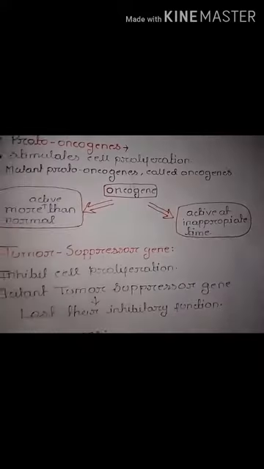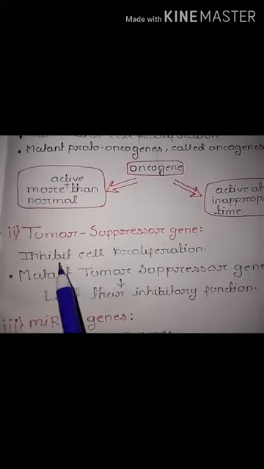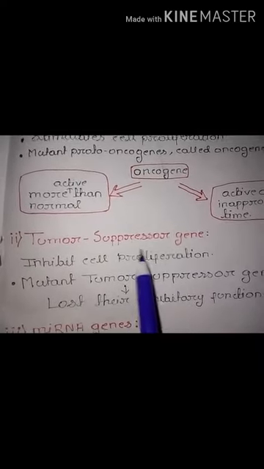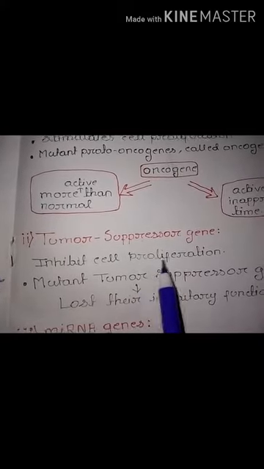Now the next, the tumor suppressor gene. Normally the function of the tumor suppressor gene is to inhibit cell proliferation. So if we have to inhibit cell proliferation, we use a tumor suppressor gene. When a cell proliferates abnormally, the tumor suppressor gene encodes some protein or activates some transcription factor like p53 or p21 that inhibits the cell proliferation.